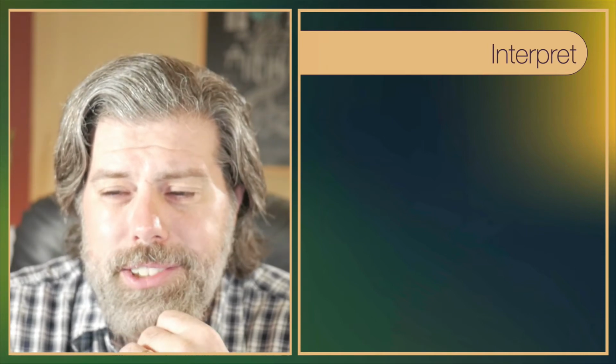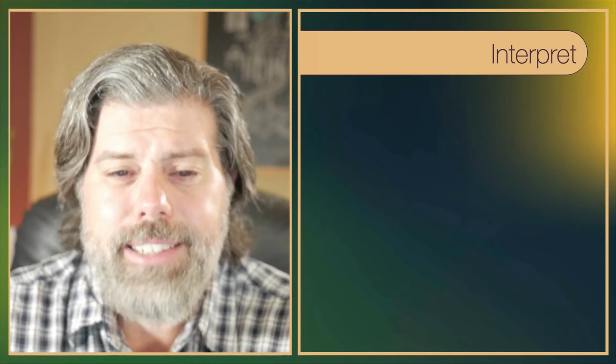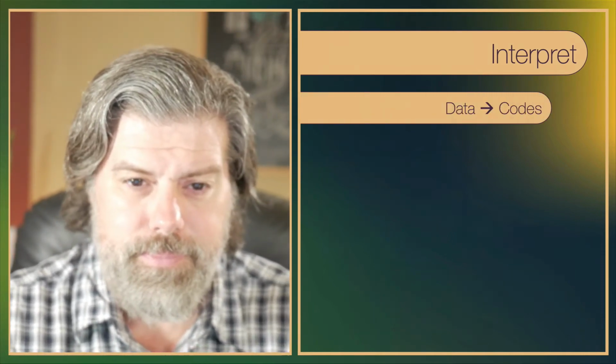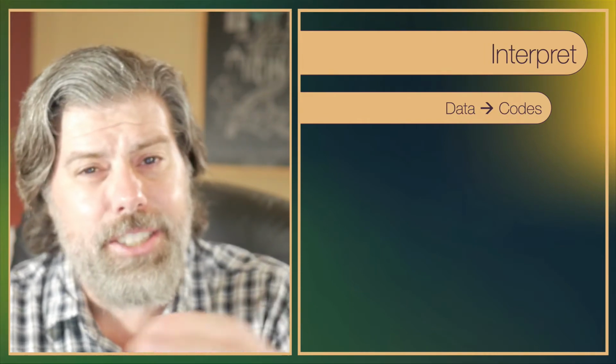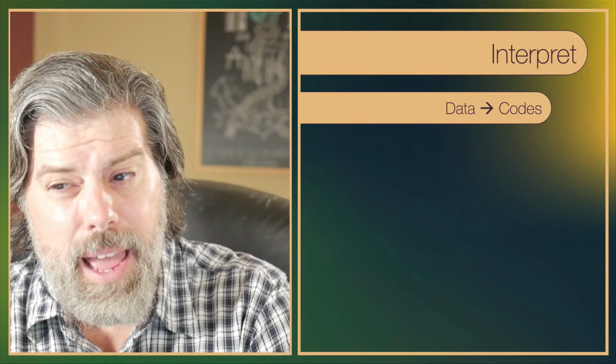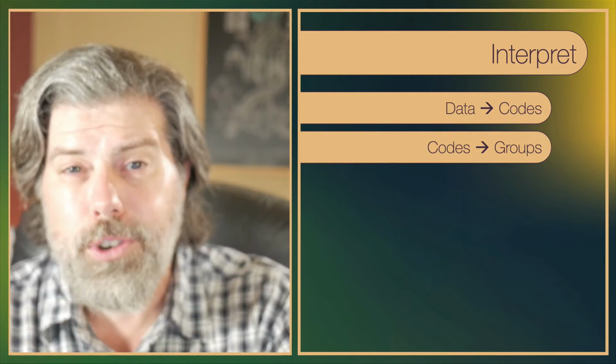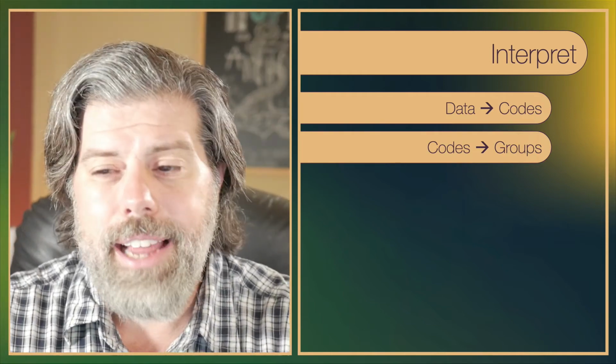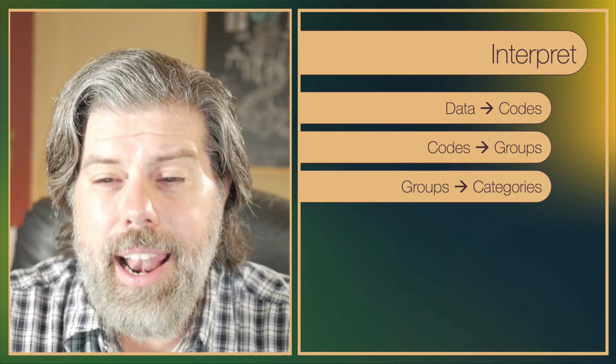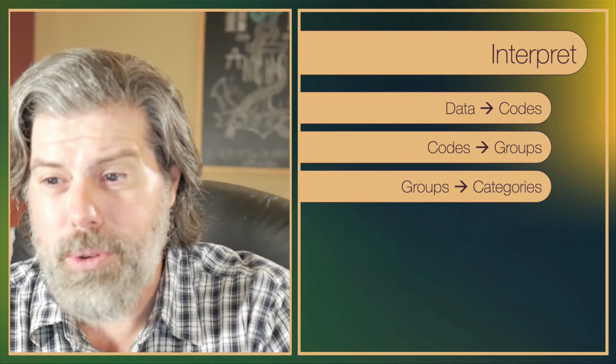And so the process looks like this. I take my data and turn those data into codes. I take my codes and I turn my codes into groups. What's alike here? I take my groups and I put my groups into categories.